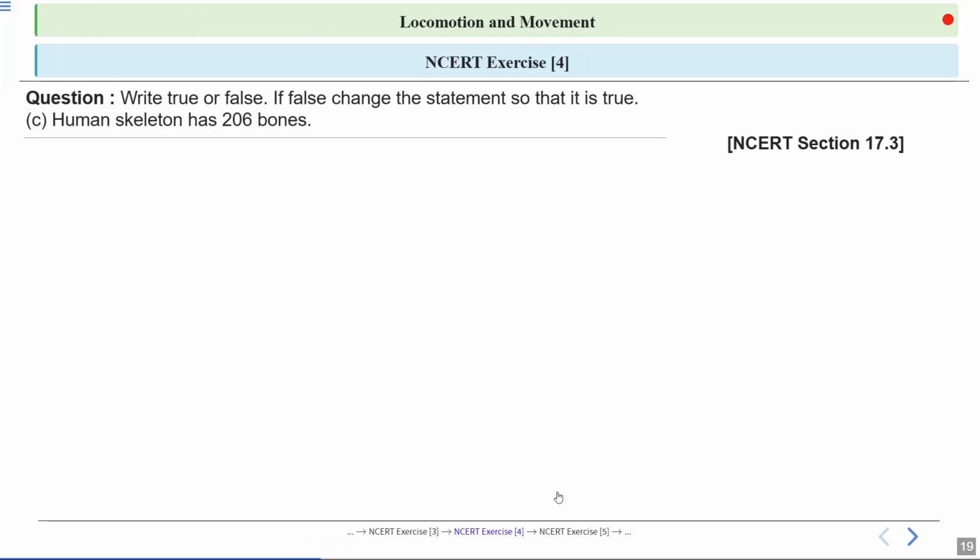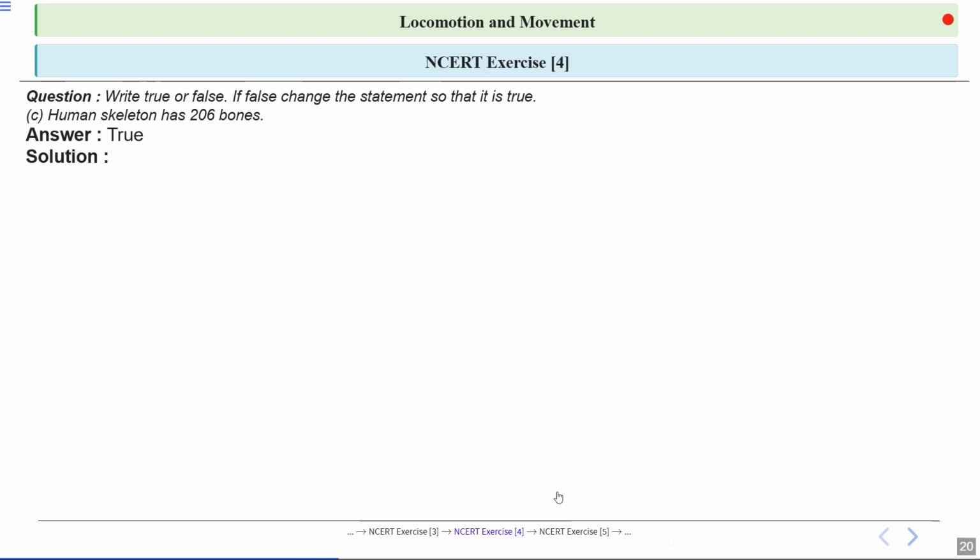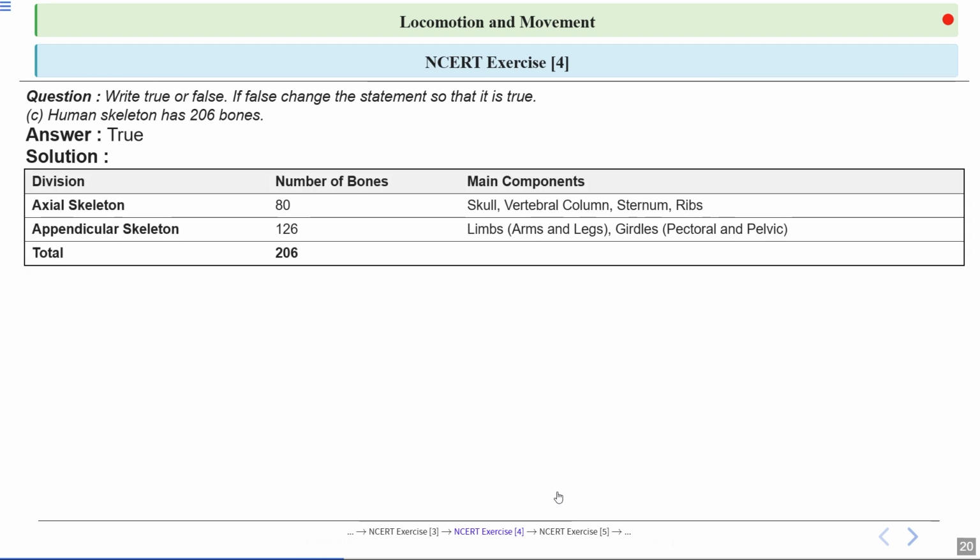Now this is statement 3, and it is: human skeleton has 206 bones. This is true. Why? In this table we can see we have the axial skeleton, which includes the skull, vertebral column, sternum, ribs. So you can think of this as the central core of our body.